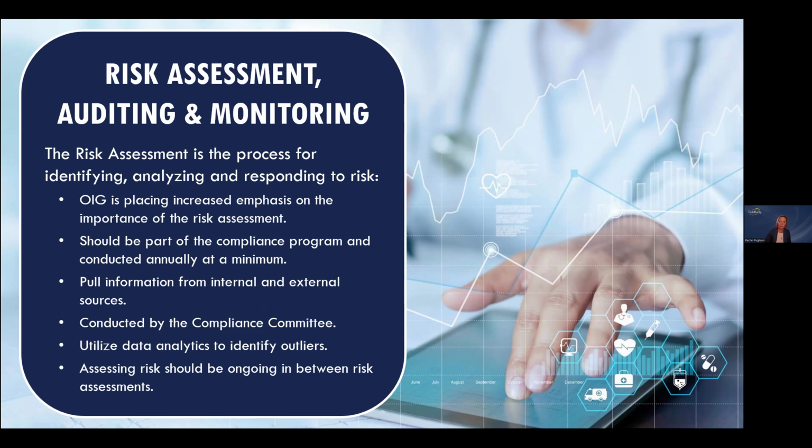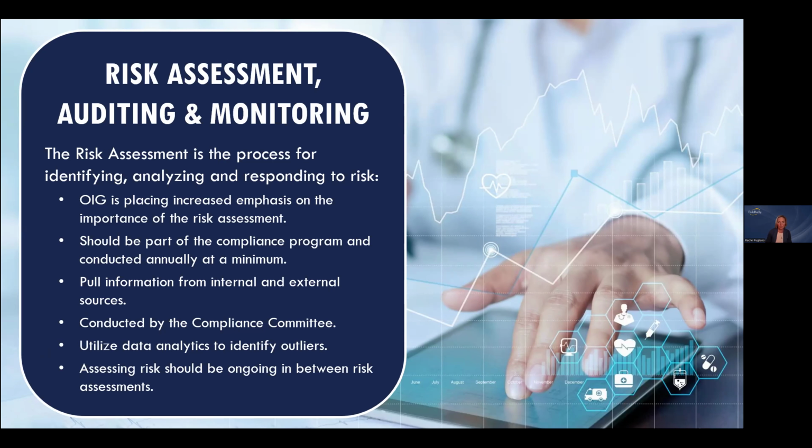I mentioned data analytics, and we can get into that a little bit further in this presentation, but identifying outliers and utilizing that information to assess risk throughout the year, and just having that be more of an ongoing assessment versus only one snapshot in time.